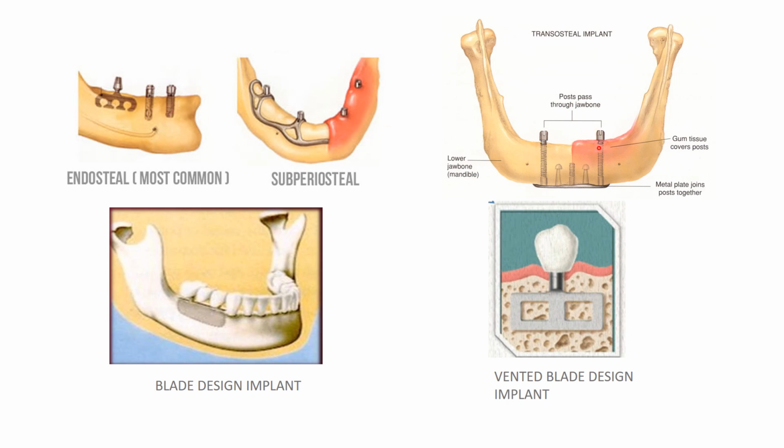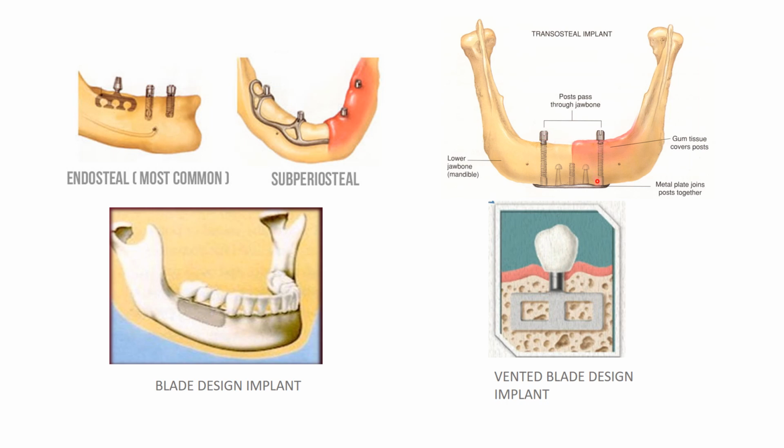Then these are the transosseous type of implants, also known as staple implants, in which the implant was placed through the cortex on the top of the alveolar crest to the bottom of the basal bone, and another plate was used to anchor these implant screws. Again, these types of implants were mainly used in the mandibular anterior region only, and for the retention of the overdentures.